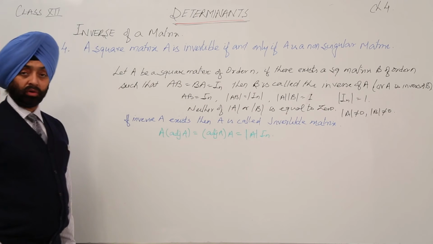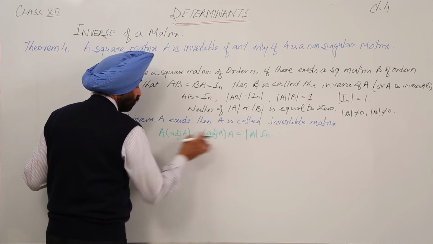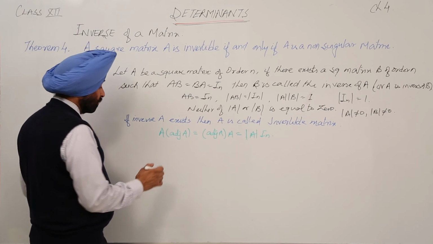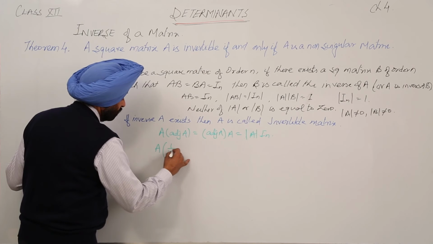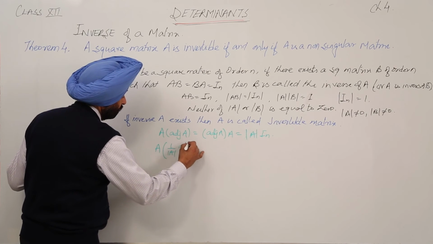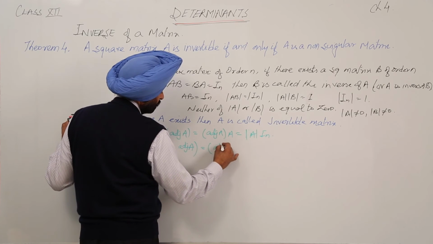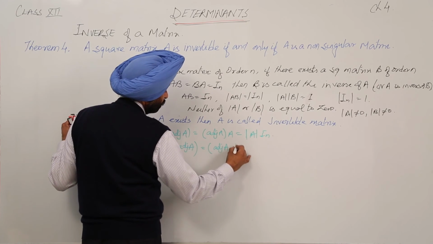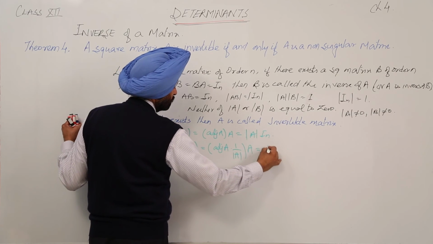We have already gone through this part. Now dividing all by determinant of A, we have A times 1 upon determinant A times adjoint A is equal to adjoint A times 1 upon determinant A times A is equal to I_n. Is it clear?